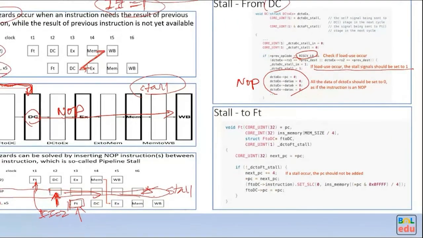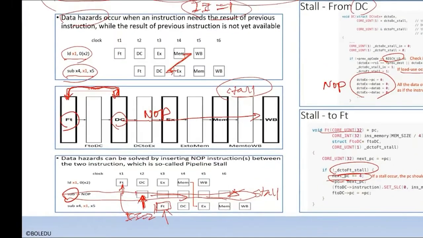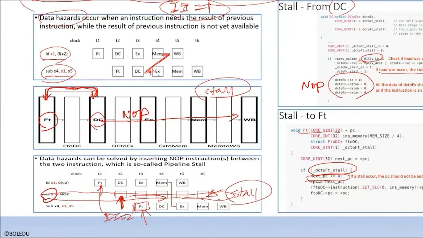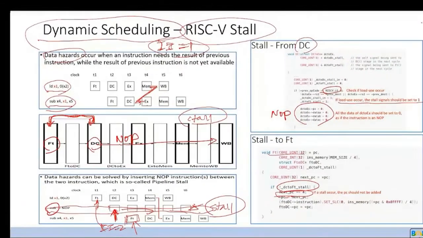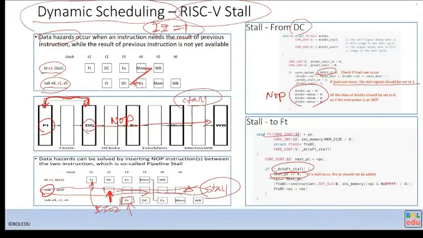Normally at the fetch stage, you will advance the program counter, but if a stall happens, then the program counter will not increment. So that's the way you implement the stall. What we would like to say here is, for doing the stall, how do you write the code to perform the stall behavior?